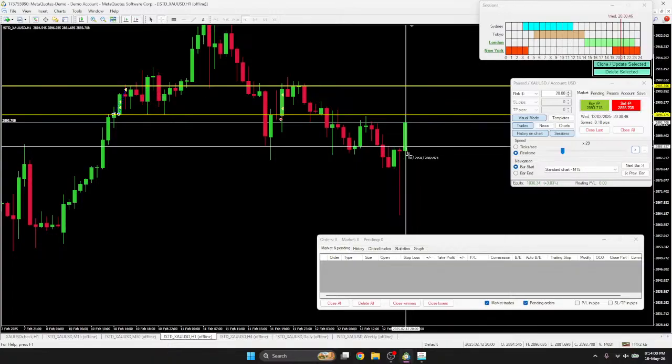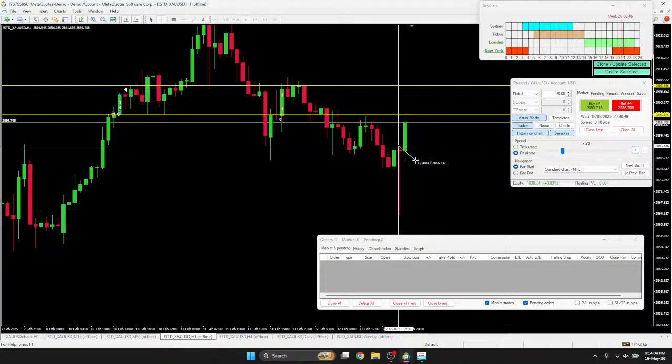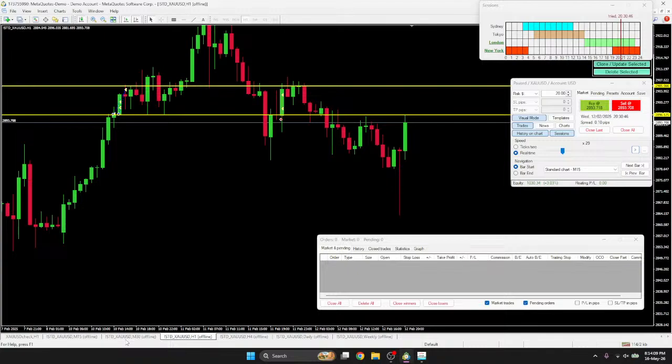So this was a 1 hour good trade, but I don't want to take this type of trade because of the SL is 48 pips, 64 pips, and got huge rejections.